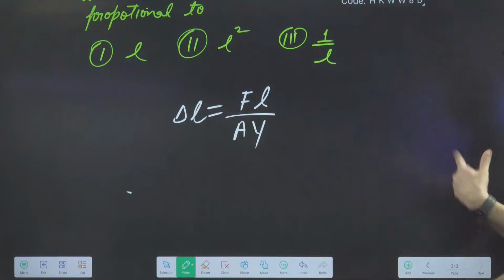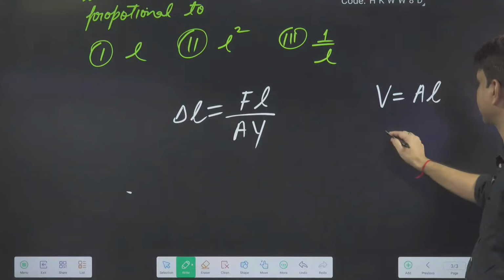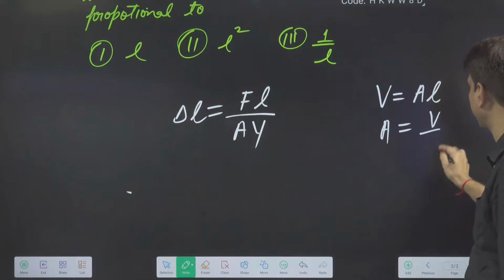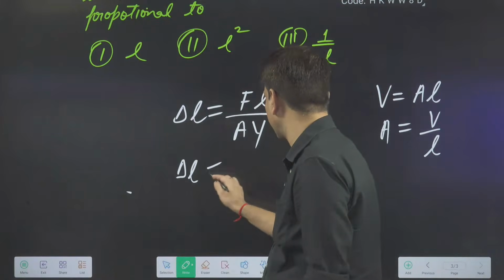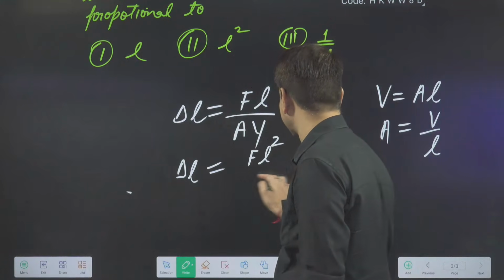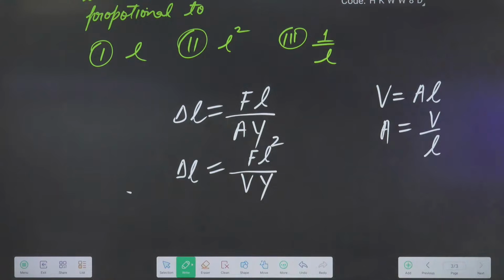But one thing I gave, volume is constant. So volume is area into length. Then area is V by L. Now I can replace area with V by L. Then delta L is equal to F L square upon V Y. Now this relation I got for delta L.